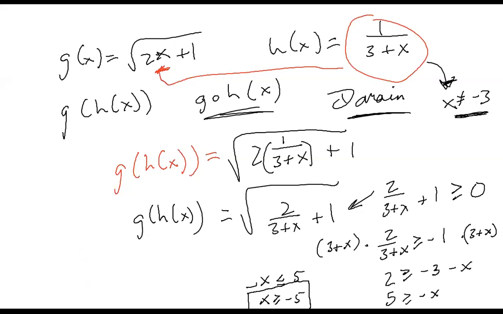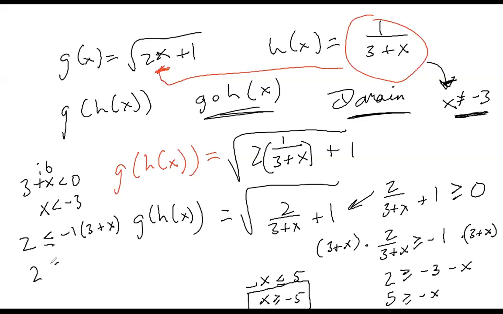Okay, so we have 3 plus x less than 0, in other words the case where x is less than -3. When I multiply, it'll be 2 is less than -3 minus x, because when I multiply by a negative number, the sign shifts.